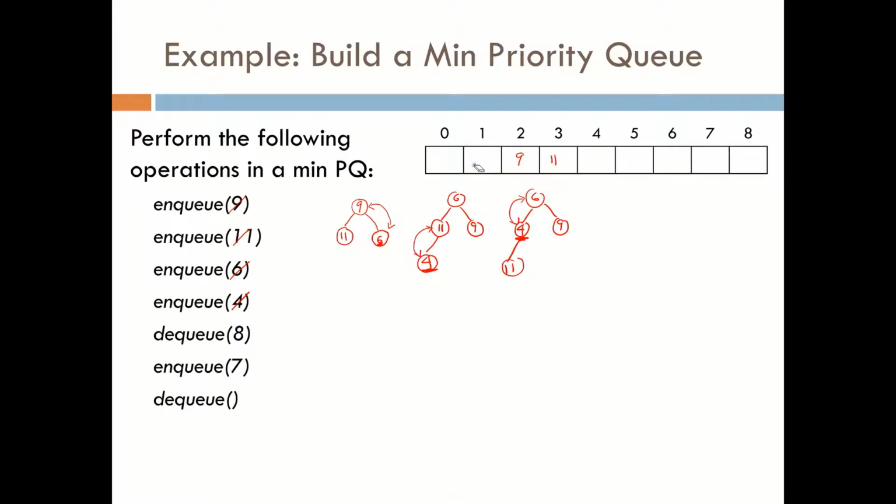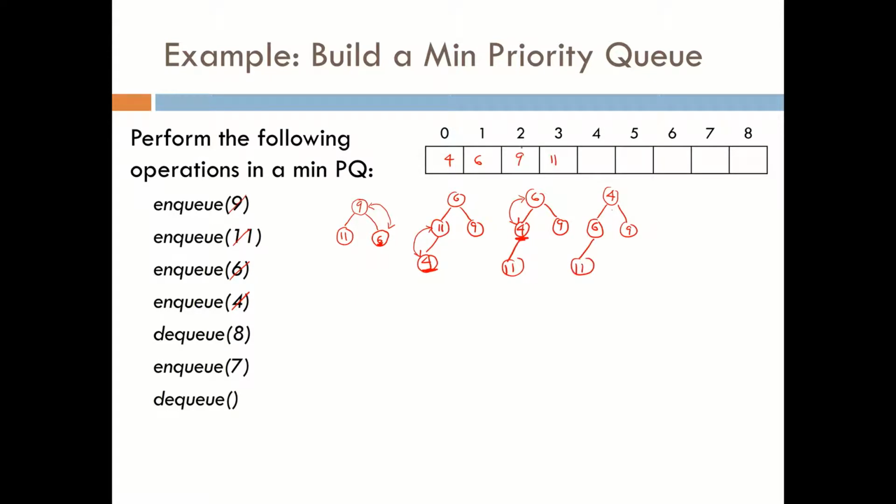which is the equivalent of doing this. Okay, and now let's redraw the tree. Okay, so here's the 6. Here's the 9, and here's the 11.